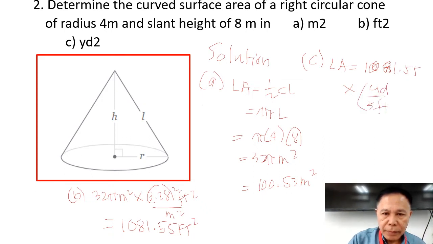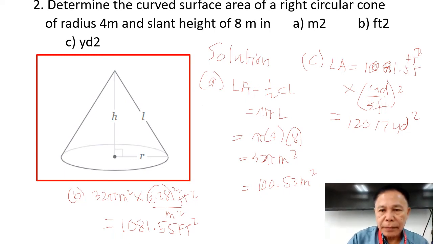This should be squared, since this one is feet squared. So your answer here would be 120.17 yards squared.